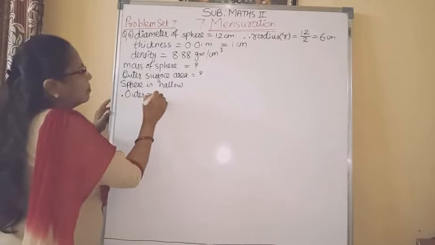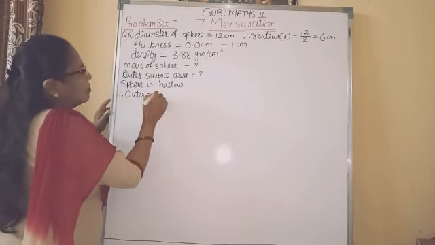Consider it as R1, which is 6 centimeter. Inner radius R2 equal to 6 minus thickness, which is 1. So 6 minus 1, 5 centimeter.